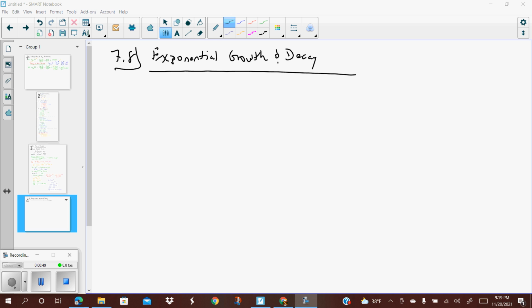Okay, exponential growth and decay. You're going to find that it's very similar, definitely not simple, very similar to what we were doing with interest. Very, very similar kind of formulas. The natural growth model looks very similar. Natural growth.